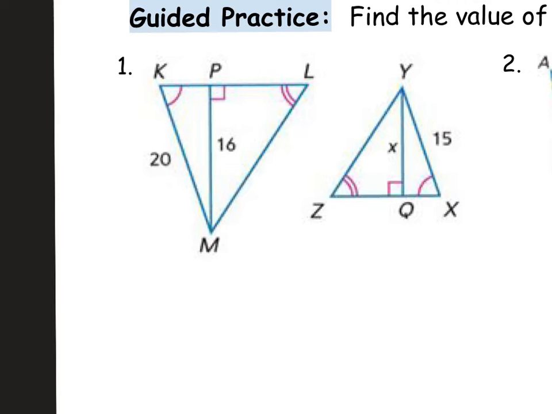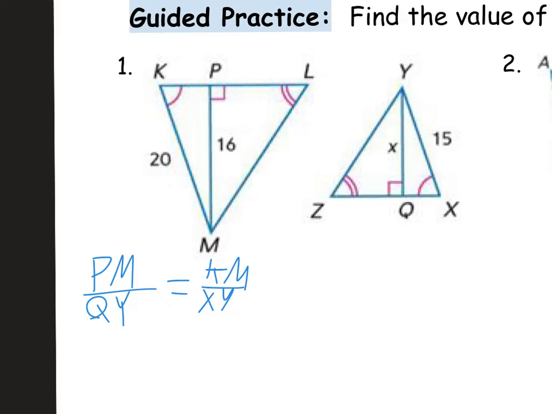So we can essentially say that the ratio of PM to KM, PM to QY must be equal to the ratio of KM to XY.